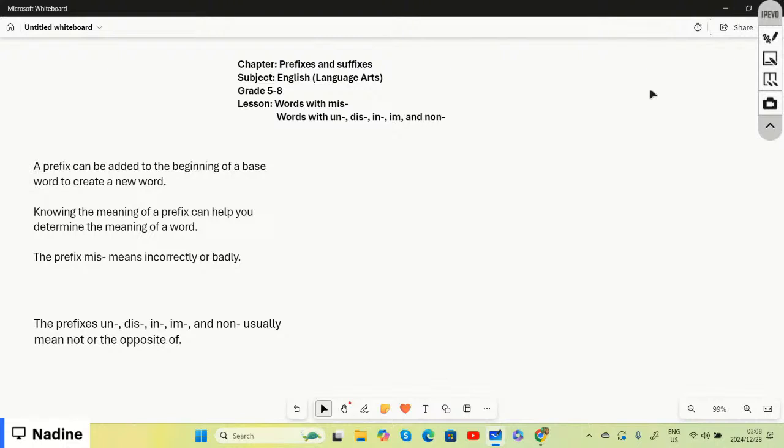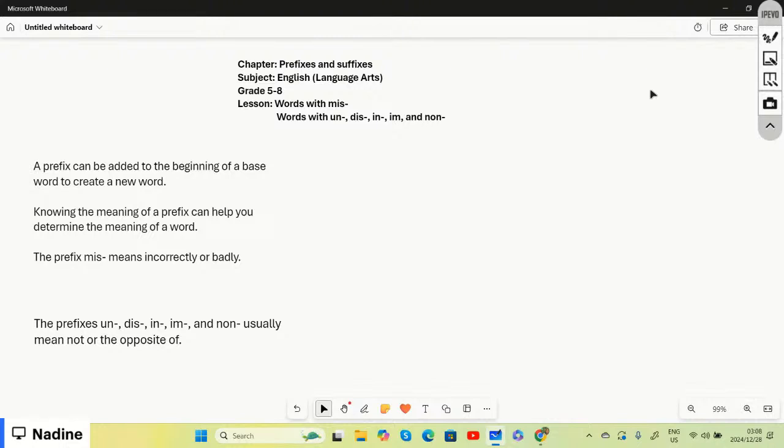Remember, once you add the prefix to your base word, we create a new word, because the prefix has its own meaning.